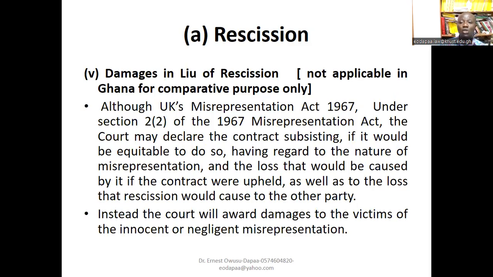Now, if you go to UK, there is legislation we call the Misrepresentation Act of 1967. Now, let me say that this legislation has no application whatsoever in Ghana. You're only citing it for comparative purpose, just to give you a sense of what pertains in UK, where we receive our common law and contract and everything from that.